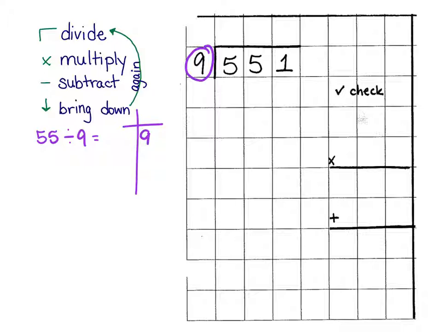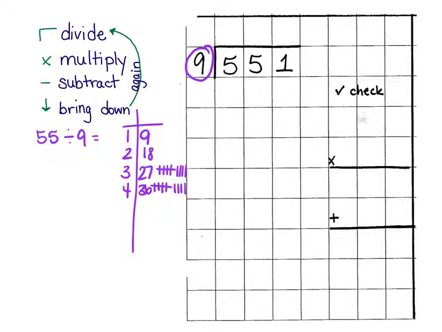So 9 times 1 is 9. 9 times 2 is 18. 9 times 3 is, if you don't know, I need to see you counting. 18, 19, 20, 21, 22, 23, 24, 25, 26, 27. 27. 28, 29, 30, 31, 32, 33, 34, 35, 36. 36. I need to see each of these on your paper.